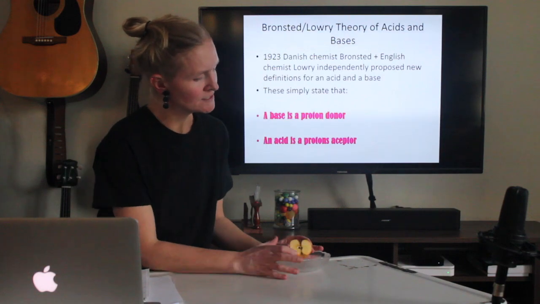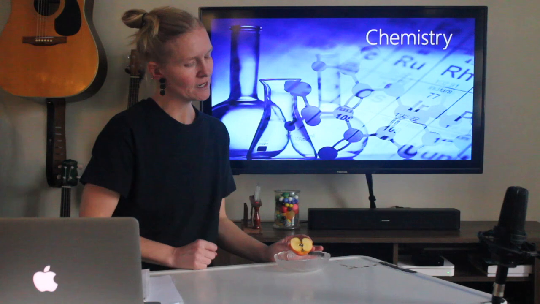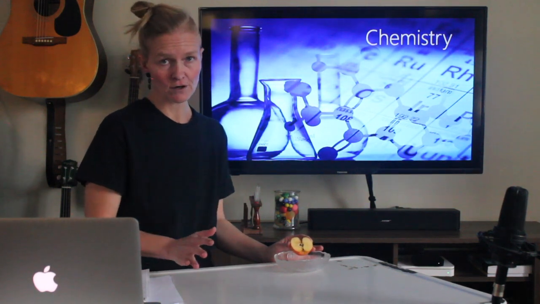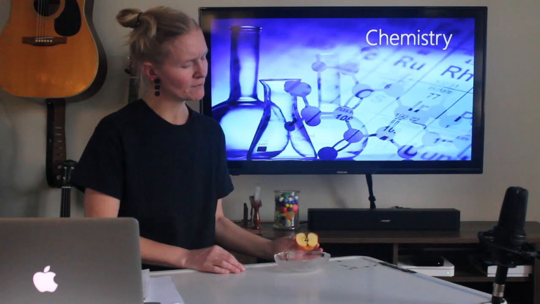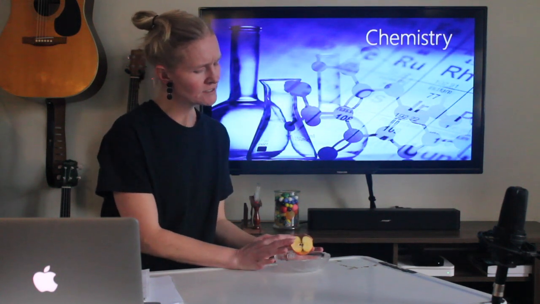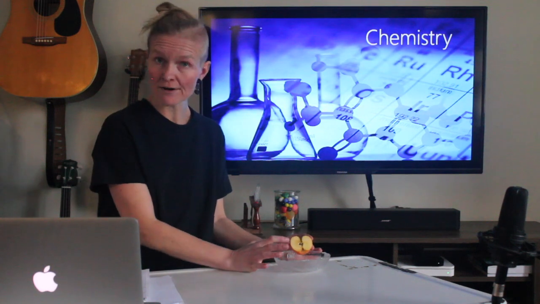But I treated one side of this apple with lemon juice, and I left the other side without anything on it. And so I know that you probably won't be able to see this at home, but on one side we have what's already happening. You've probably all seen it, right? When an apple is left out to the air, it turns brown, and this is called an oxidization reaction.